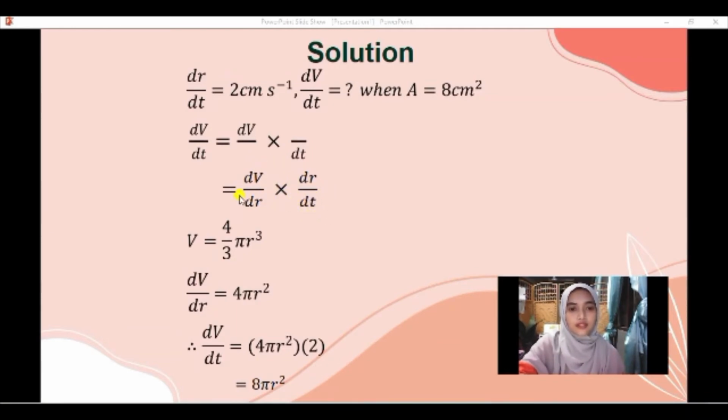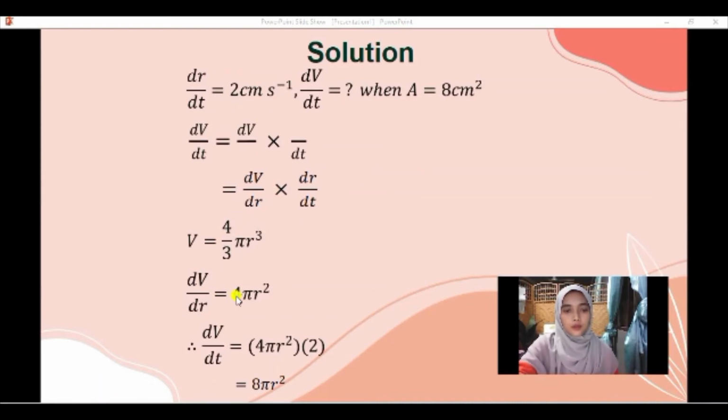So what we want to find is the change of volume with respect to the radius, dV over dr. How do we find the change of volume with respect to the radius? It must come from the volume of a sphere. The formula for the volume of a sphere is 4/3 pi r cubed, so we must differentiate the volume of the sphere.